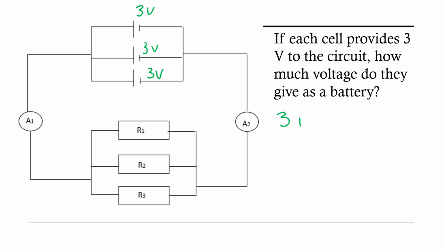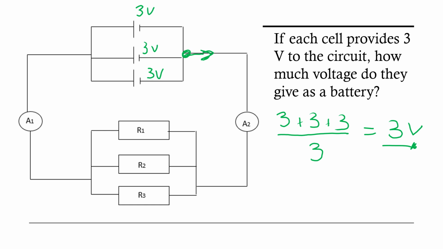So you have a lot of batteries, a lot of cells, but you're not actually getting 9 volts out. So you take the 3 plus the 3 and the 3, because there's 3 there, okay? They're all 3 volts. And we divide by how many cells there are, and we get 3 volts. So when they're in parallel, even though they're all 3, only 3 is exiting out. Okay, so parallel might use lots of cells, but the voltage that is coming out is a lot lower.